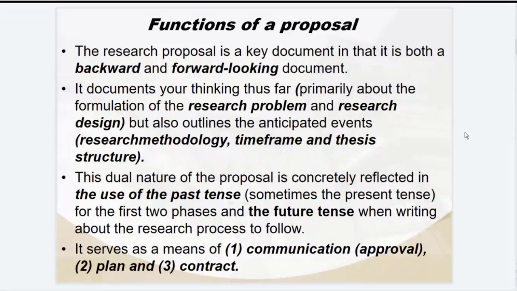And I think by saying that, I might have summarized the entire slide here. Someone says the backward and forward looking is in terms of the past tense. And in this past tense, the author does not refer to what has happened in the past.